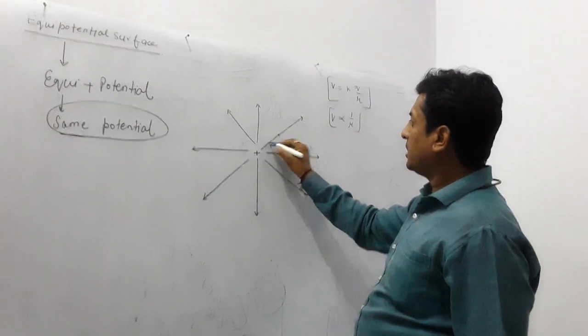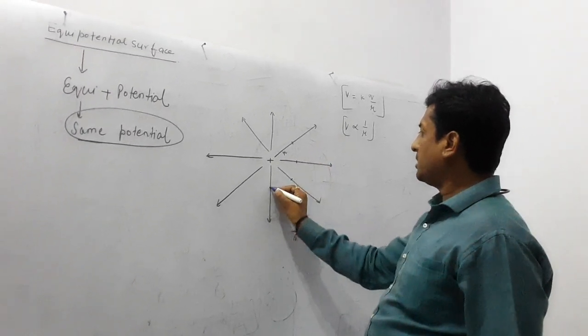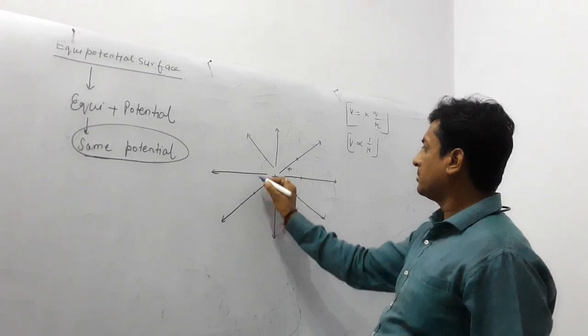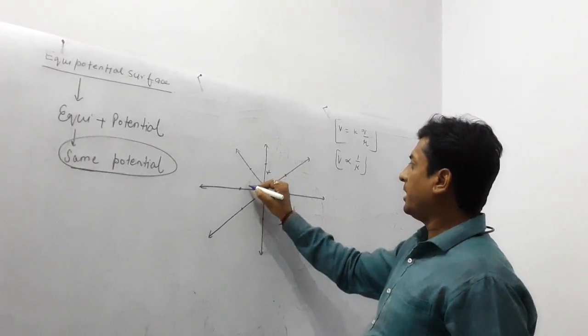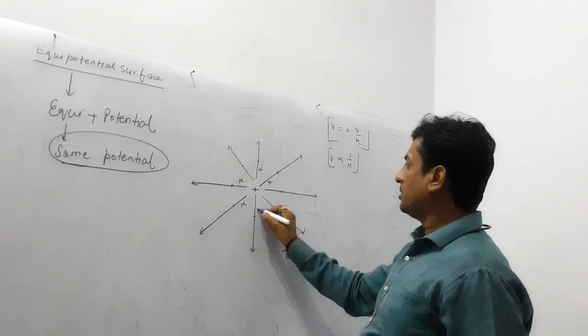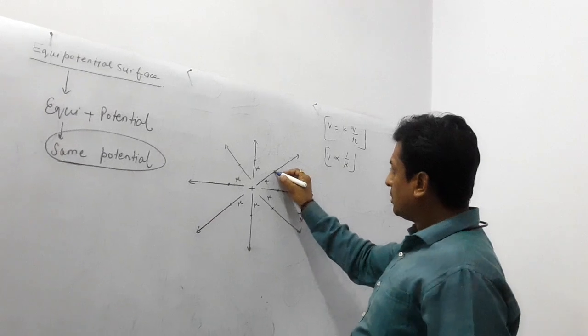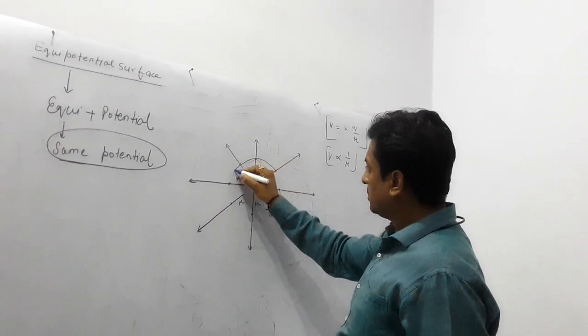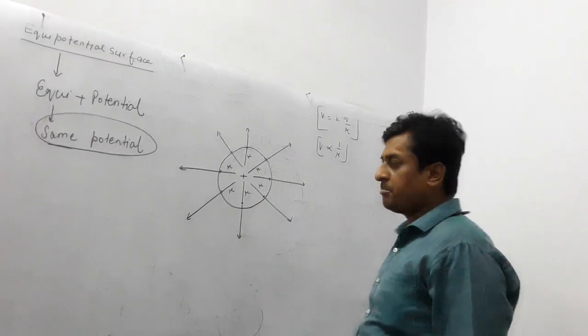At the same distance, there are a number of points on the different electric field lines. In this way, you can plot the points which are at R distance from the charge as you have assumed here. If you draw the locus of all such points, you will get the shape of a ring here.